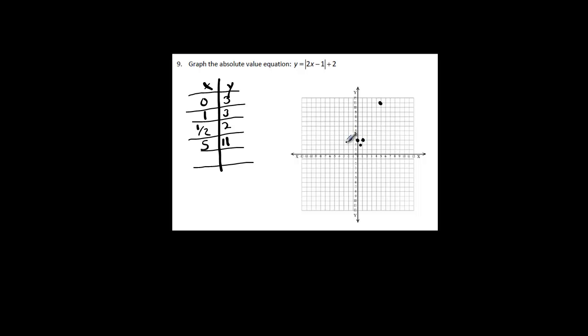So 4 units to the right of that, it's going to be negative 4 comma 11. And you want to use straight lines since it's an absolute value. And that's going to be your graph right here.